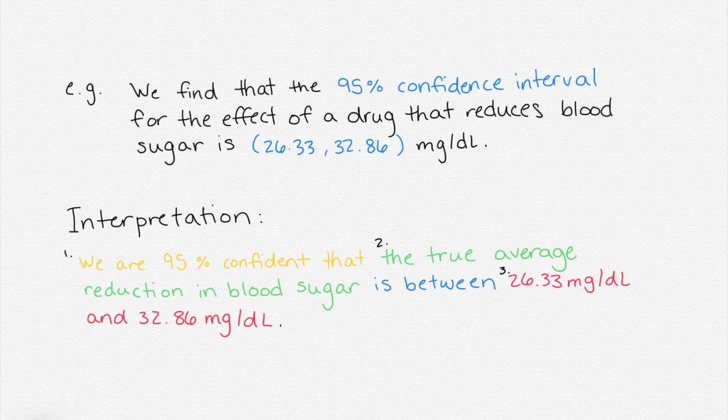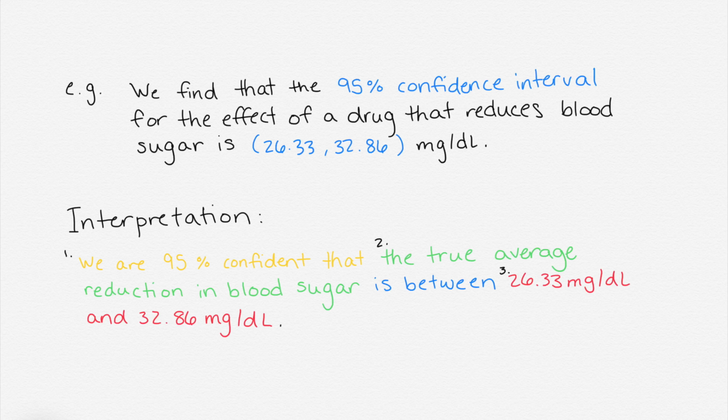Well, we nearly always start off with the phrase, "we are 95% confident that," or a similar phrase. Then we describe the true value that we're interested in. So in this case, we were interested in the true average reduction in blood sugar. And finally, the third part is describing the bounds with the appropriate units.